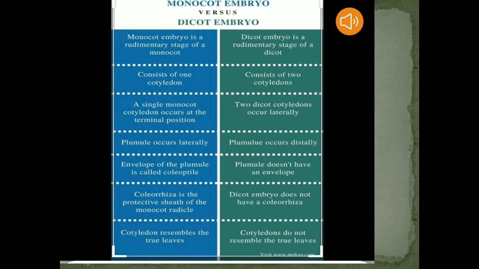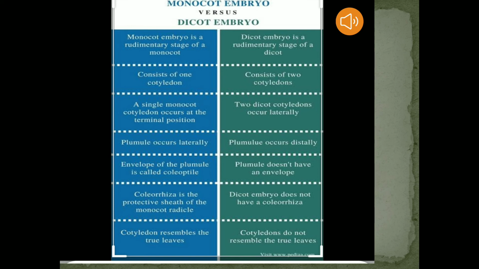Second point, a single monocot cotyledon appears at the terminal position in the monocot embryo, whereas two cotyledons occur laterally in the dicot embryo. After that, plumule occurs laterally in the monocot embryo.